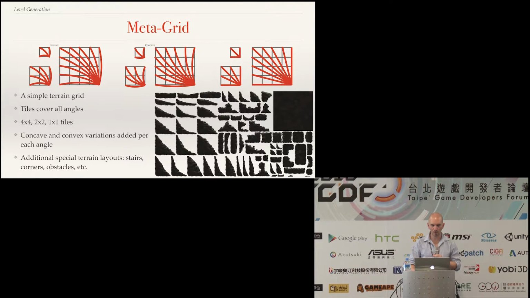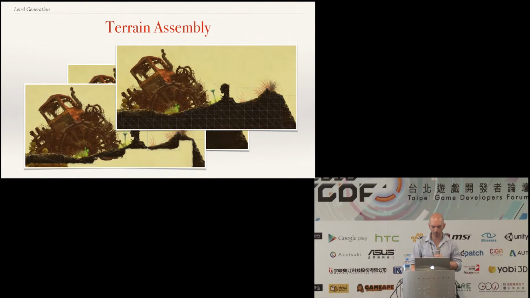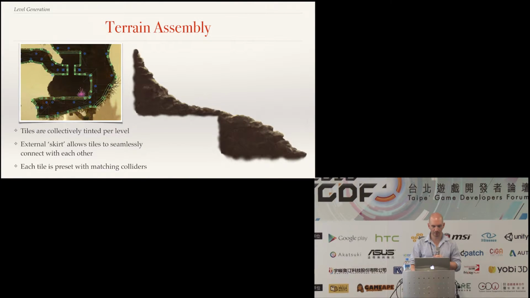So for example, if you wanted to make this shape, you would combine all these different pieces and then fill up the gap. The tiles are collectively tinted per level. Each level has a different color scheme. And then there's an external encoded skirt because it comes out of the original grid size.